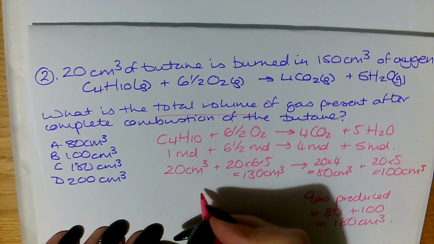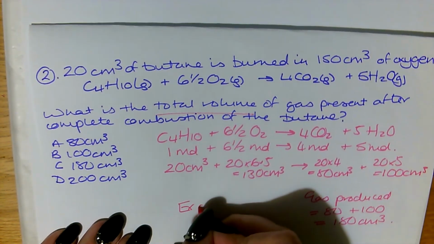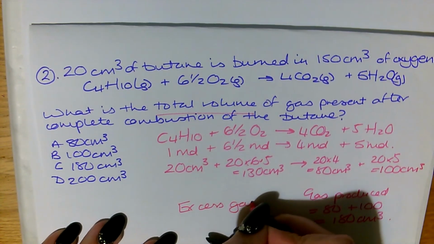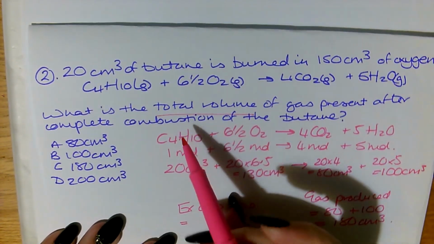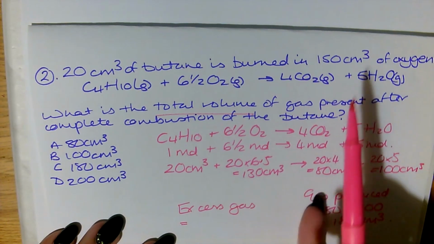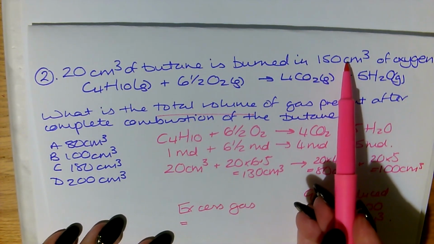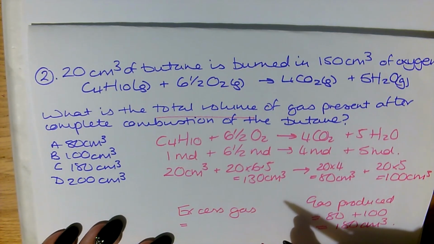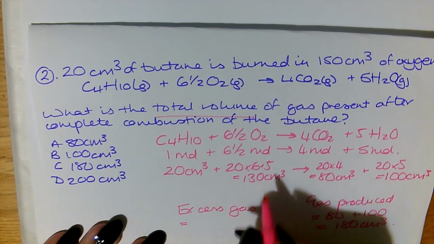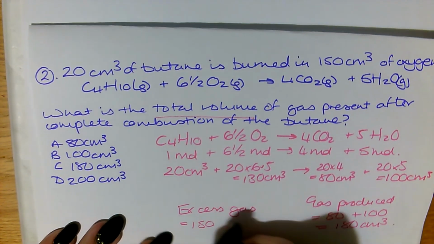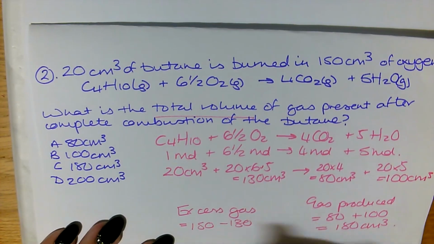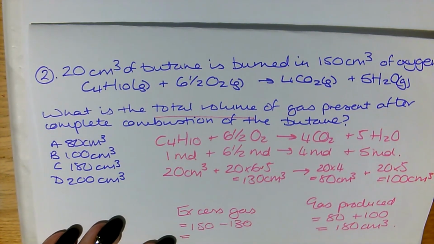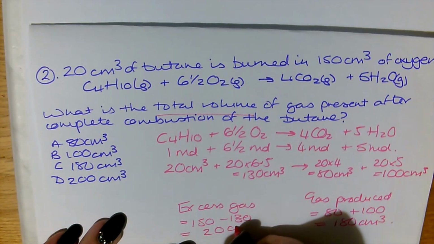Okay. But we also have excess gas for our reactants. Here in the question it told us that we had 150 centimetres cubed of oxygen, but we are only using 130 in the reaction, so you need to work out how much excess gas you have left over. 150 minus 130 gives you 20 centimetres cubed.